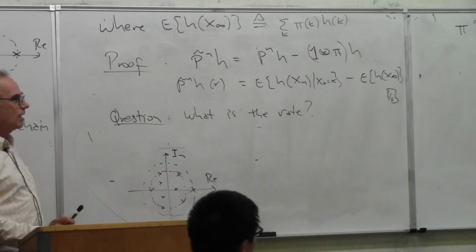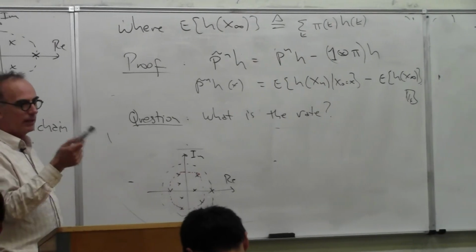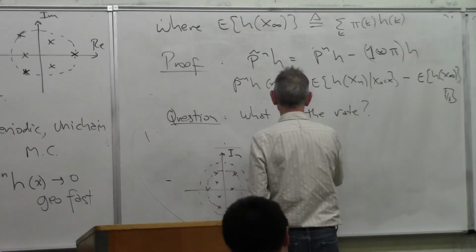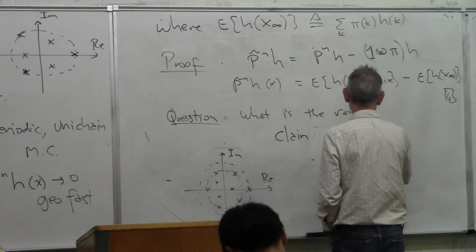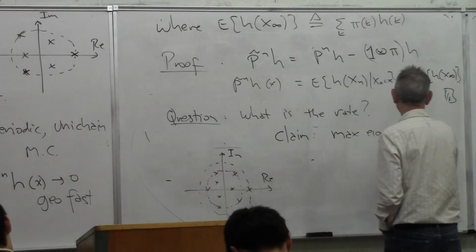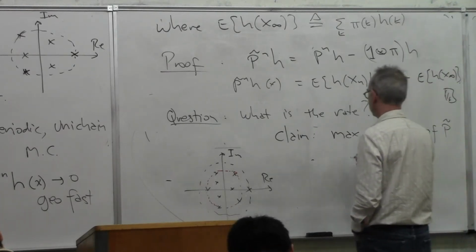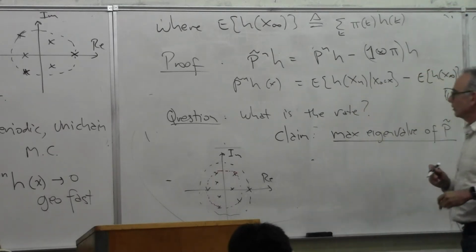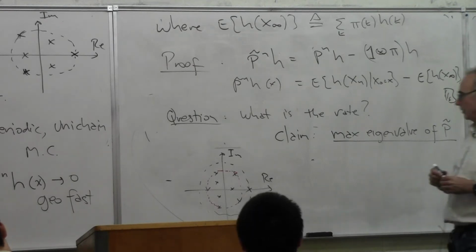It's controlled by that. So the thing that's typically said is it's the second eigenvalue. So people will say the claim is basically you look at the maximum eigenvalue.